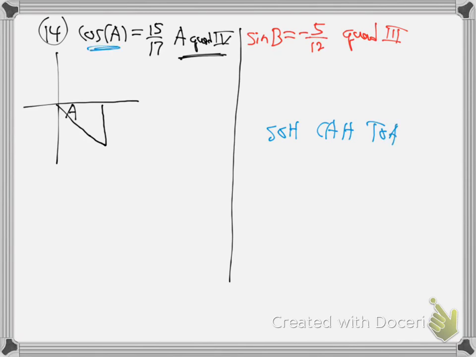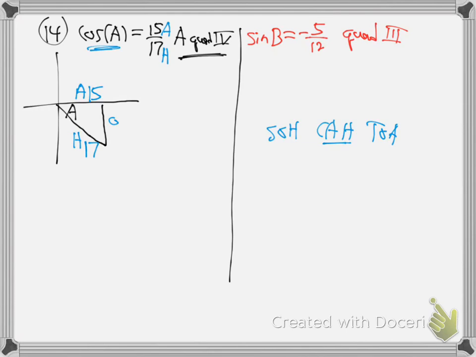So cosine is adjacent over hypotenuse. That means this is adjacent, this is hypotenuse, isn't it? So this is adjacent, opposite, hypotenuse. So adjacent is 15, hypotenuse is 17.